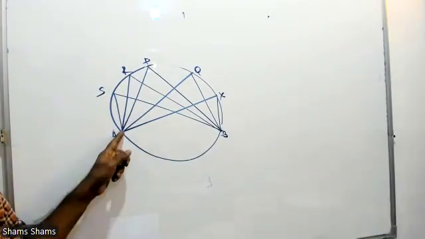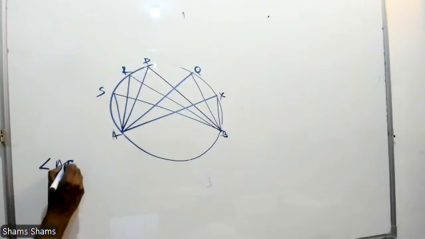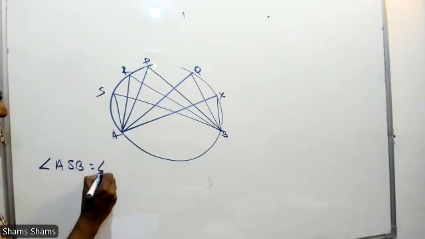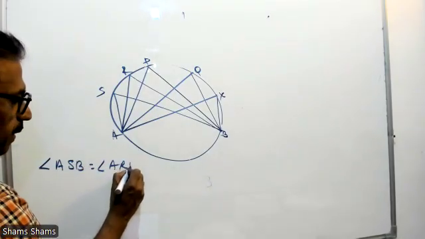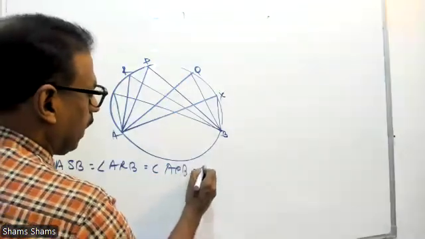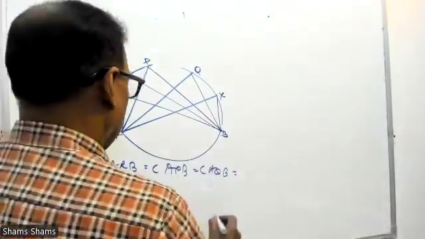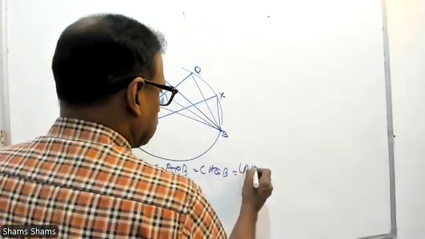Okay, you write like this: angle ASB equal to angle ARB equal to angle APB equal to angle AQB equal to angle AXB.